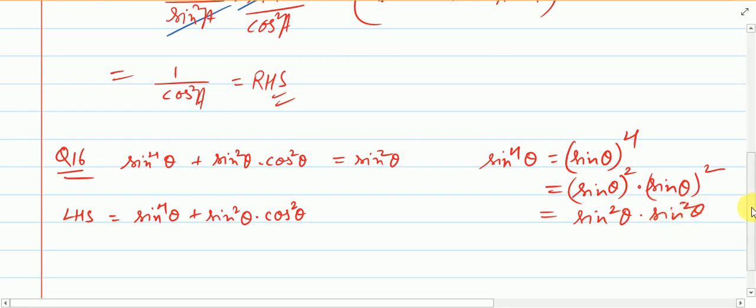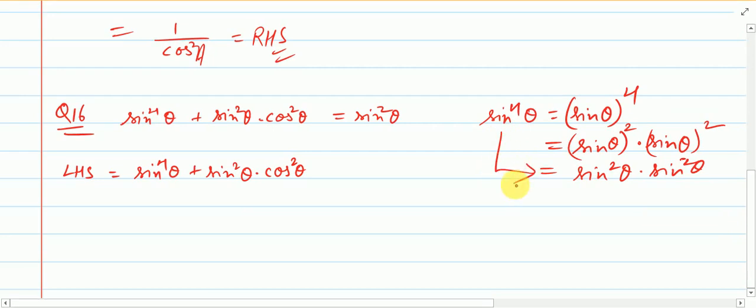Okay. So this sine theta to the whole power 4 can be written as sine square theta into sine square theta. So in next step I can write sine square theta into sine square theta plus sine square theta into cos square theta.